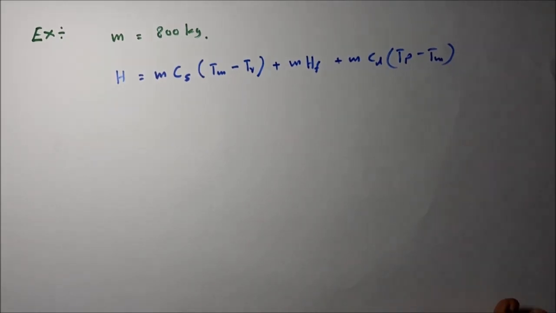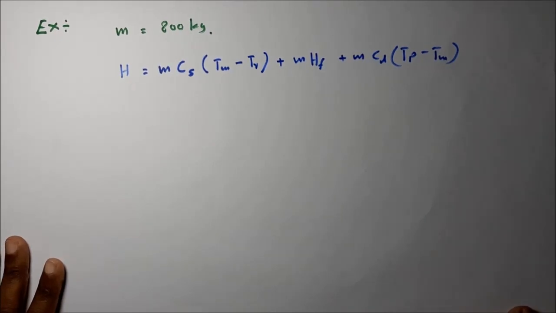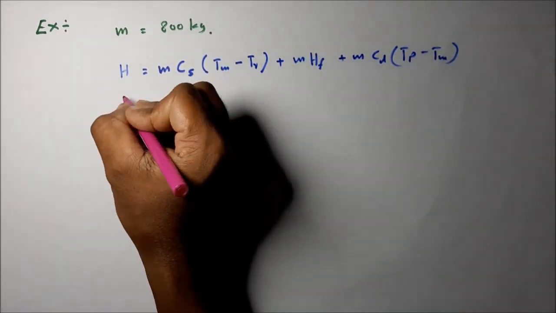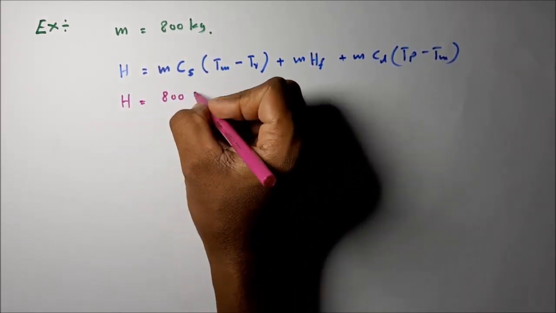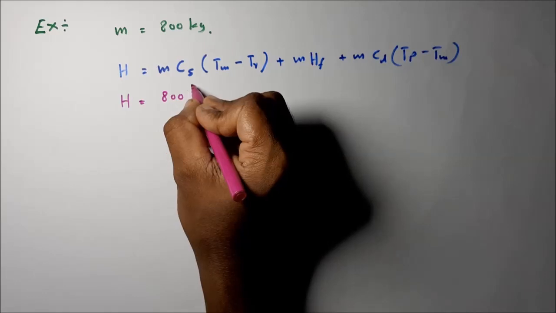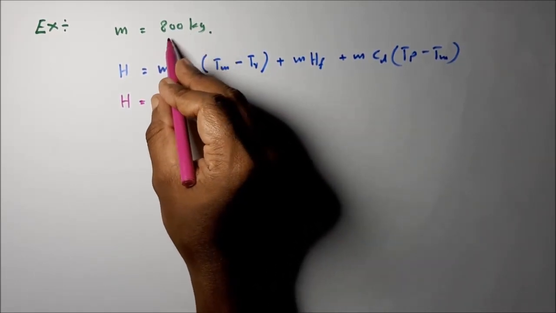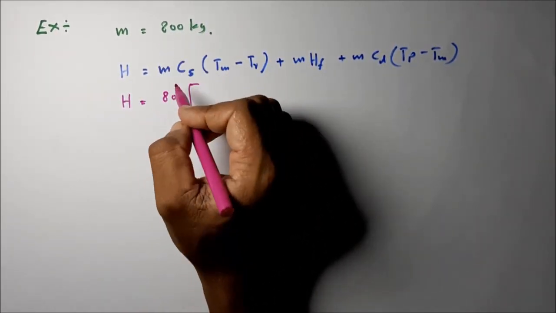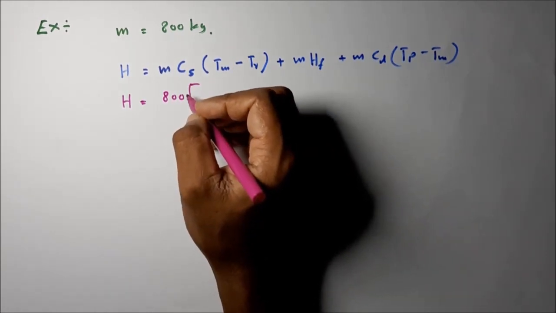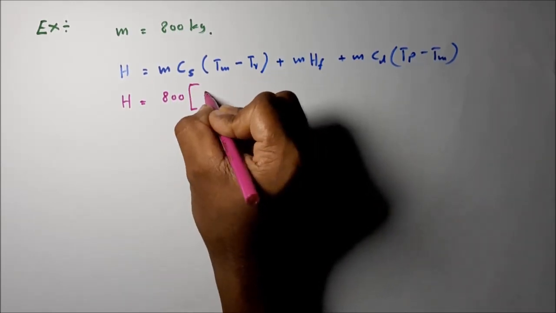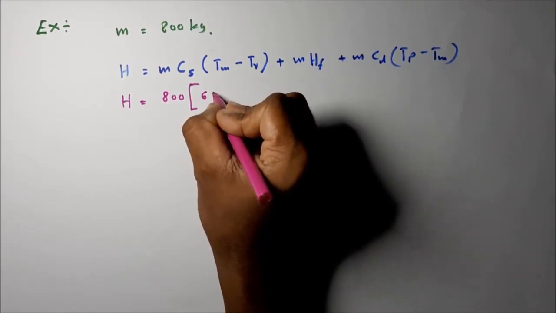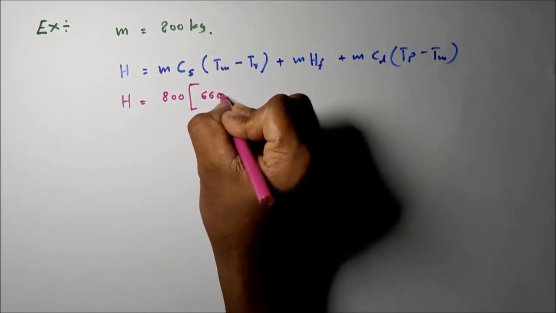Then what is H? What is M? 800. What is Cs? Here M is given, so we can take it out. Cs is given, the specific heat capacity of the solid in joules per kilogram per Kelvin, 660.